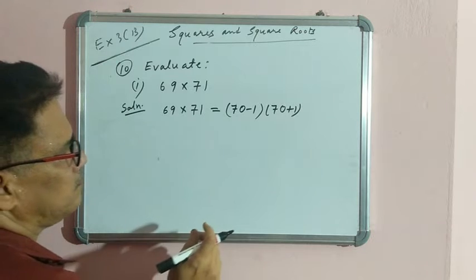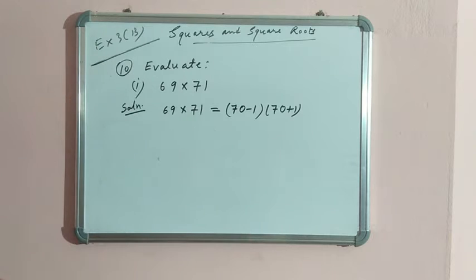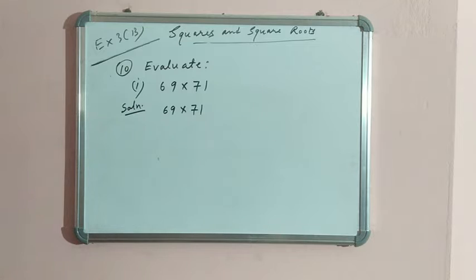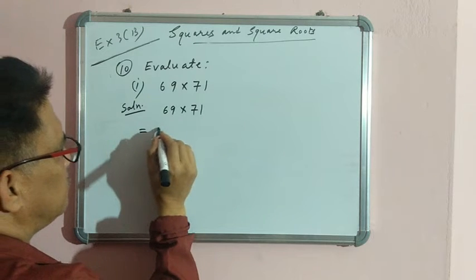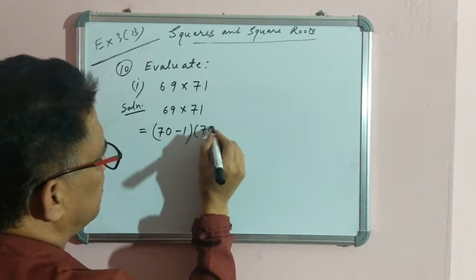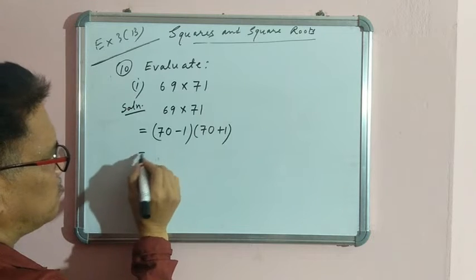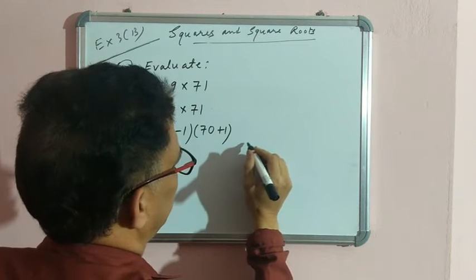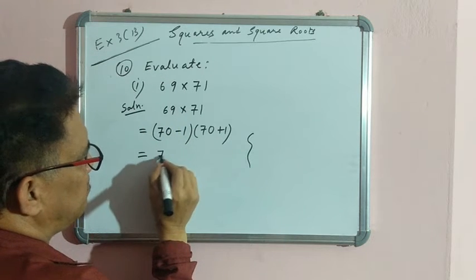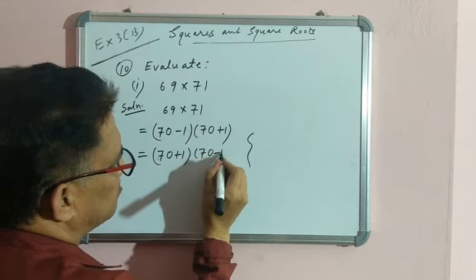So this is equal to 70 minus 1 times 70 plus 1. Now we are getting here the identity. First I am writing 70 plus 1, 70 minus 1.